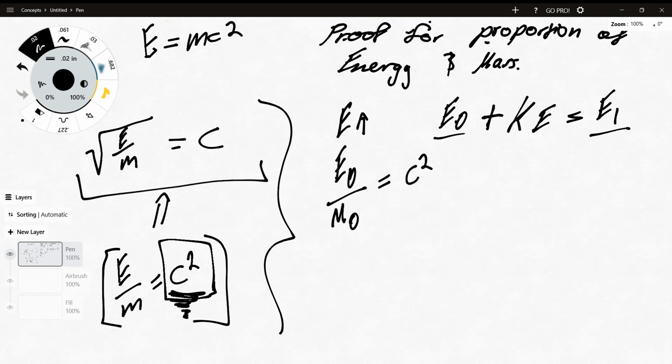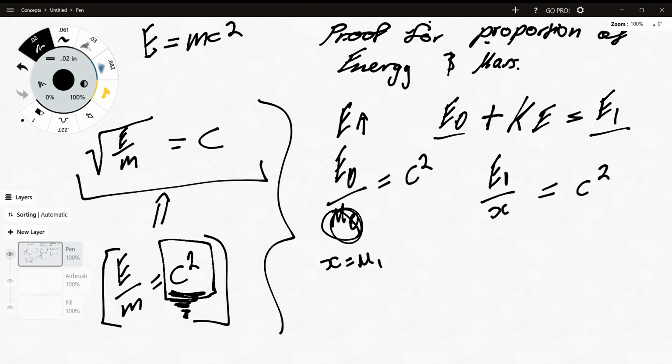Now I know E1, but I don't know M1. Well, now what I can do is, okay, I've calculated its E1, and I know what the speed of light squared is. You'd always know that because it's a constant. Now I can solve for my x. X equals m1.